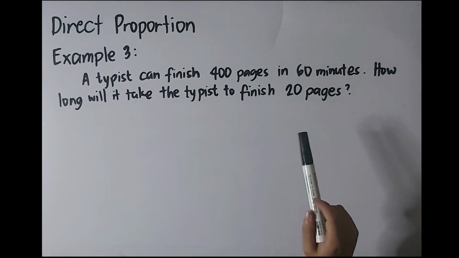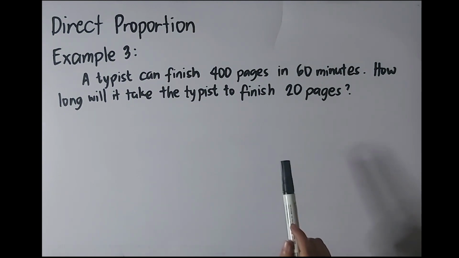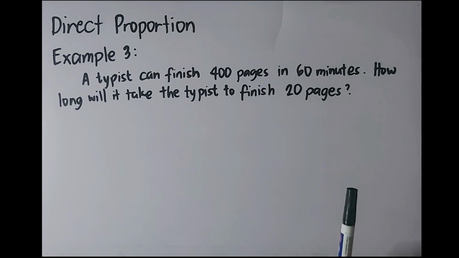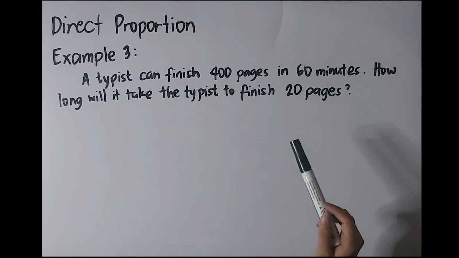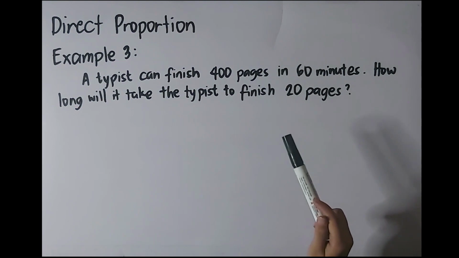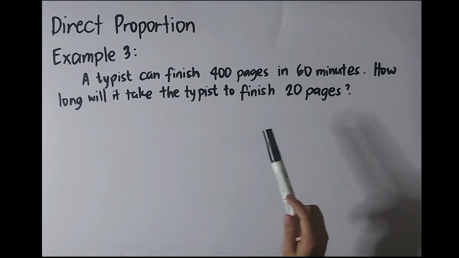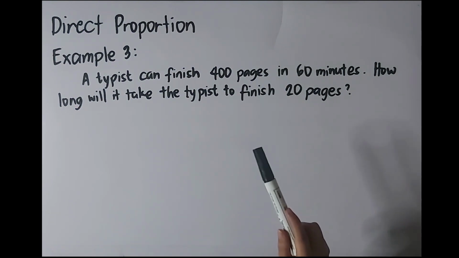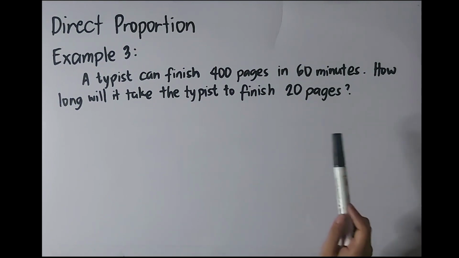They are paid for their work. So, in this problem, we are dealing with direct proportion. Why? So, the more time the typist has, he or she can finish more pages of document.